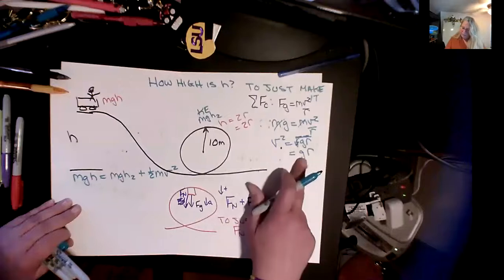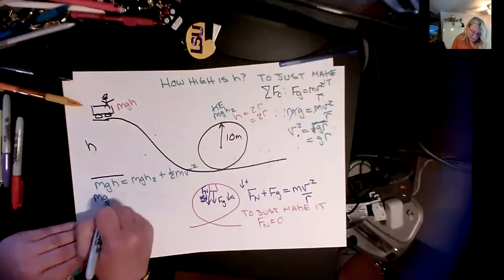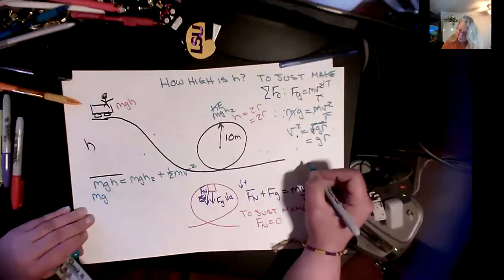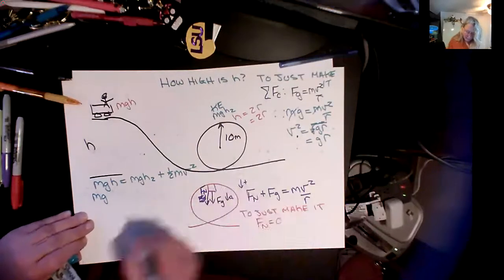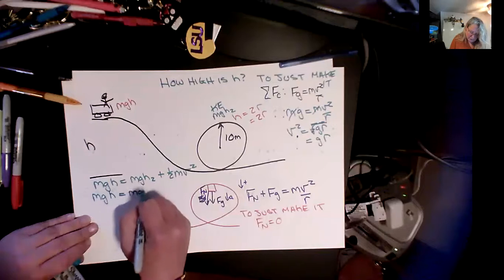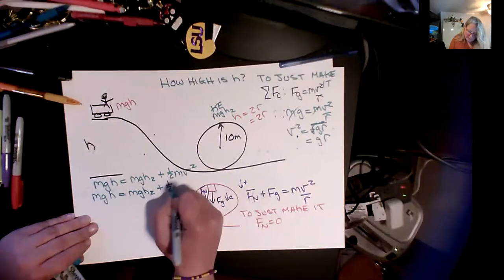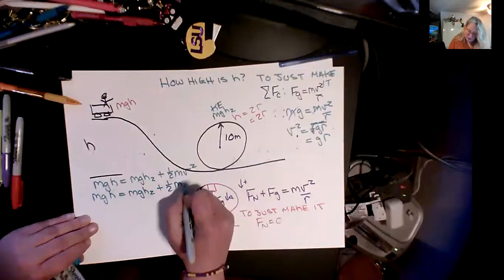Oh, well, that's this. I can rewrite this. So I have mgh. Actually, no, we're good. mgh equals mgh2 plus 1/2 mgr.